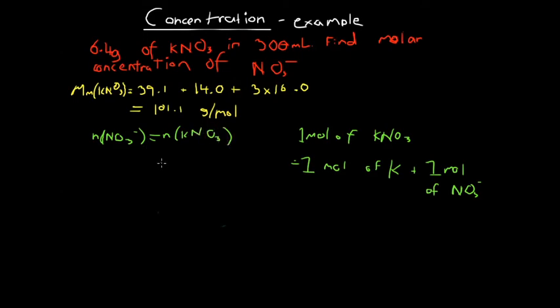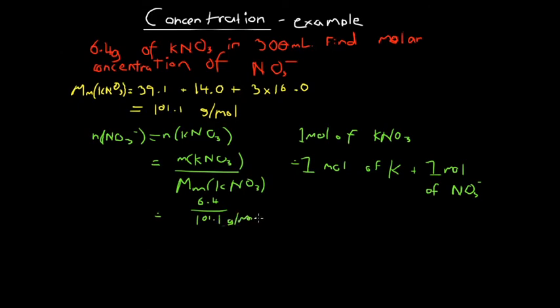We know how to work that out. The mole of potassium nitrate is going to equal the mass of potassium nitrate over the molar mass of potassium nitrate. So that equals 6.4 grams divided by what we worked out earlier, 101.1 grams per mole.